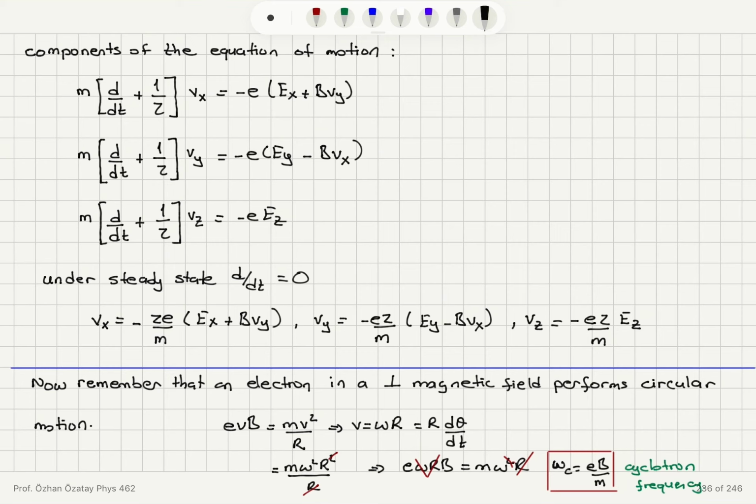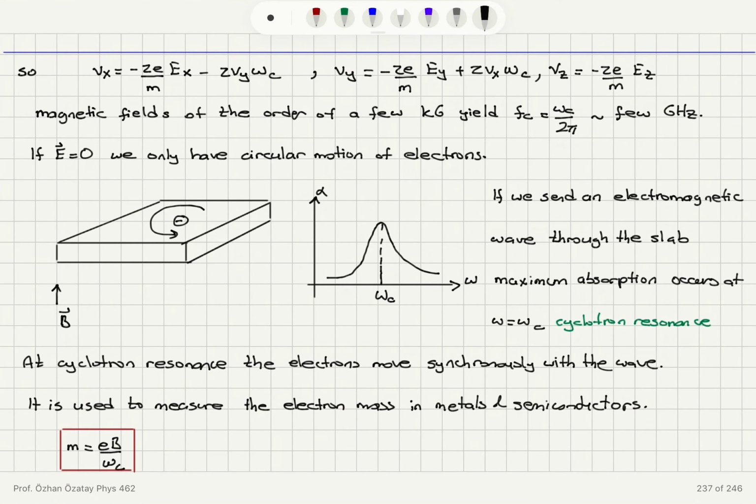When we apply a perpendicular magnetic field, we cause circular motion of the electrons, with an angular frequency eB over m called the cyclotron frequency. When we apply an electromagnetic wave through the slab and change its frequency, we find that when omega is equal to omega c, we have cyclotron resonance. The electrons move synchronously with the wave, and this is used to measure the electron mass in metals and semiconductors through m equal to eB over omega c.